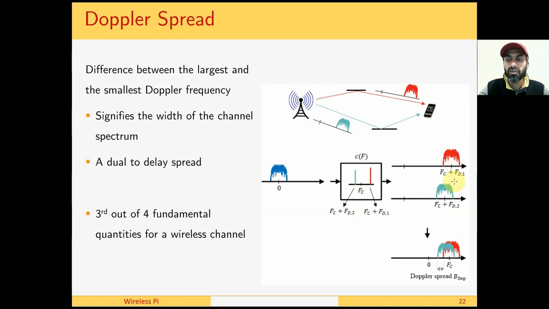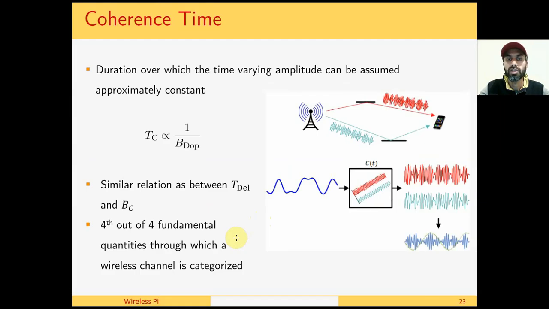The first path is arriving with the Doppler frequency fd1, the second path is arriving with the Doppler frequency fd2, and the final signal is the superposition of those two paths. Doppler spread then signifies the difference between the Doppler frequencies, and it is a dual to delay spread, which is evident from this figure. Doppler spread is third out of four fundamental quantities of a wireless channel.